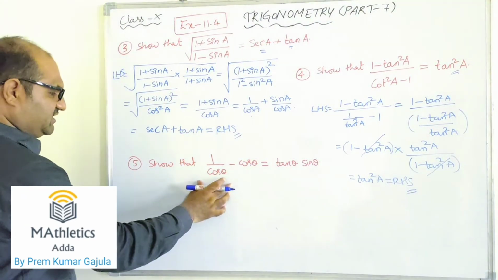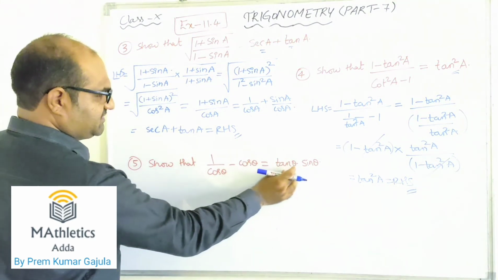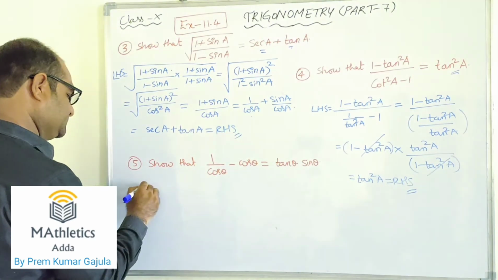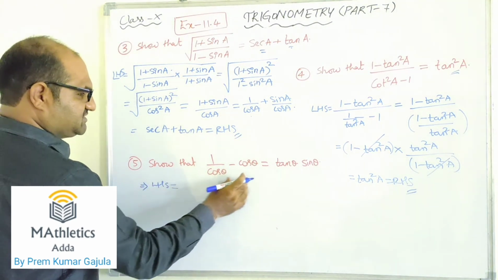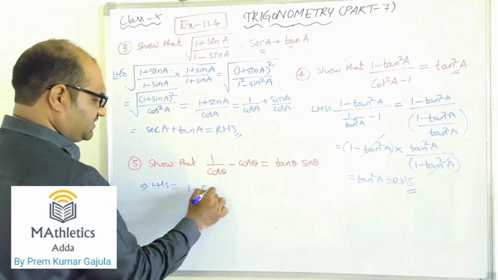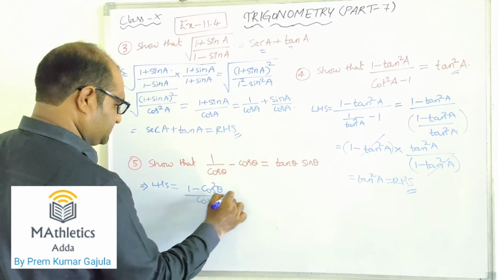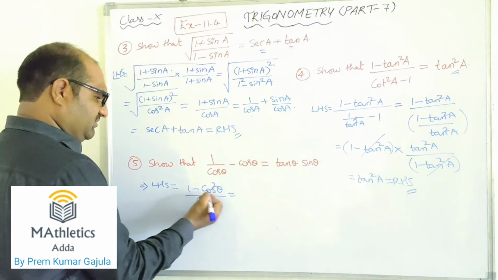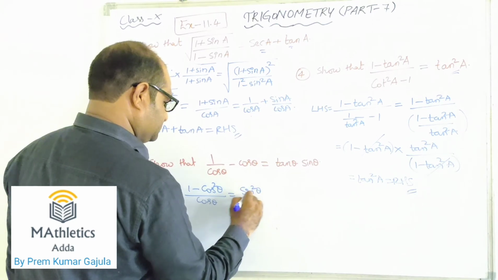So now let us look at the fifth question. Show that 1 by cos theta minus cos theta is equal to tan theta into sin theta. It is a very simple problem. So take LHS. So this cos theta, if you simplify, 1 minus cos theta into cos theta, cos square theta by cos theta. 1 minus cos square theta, we can write it as sin square theta.